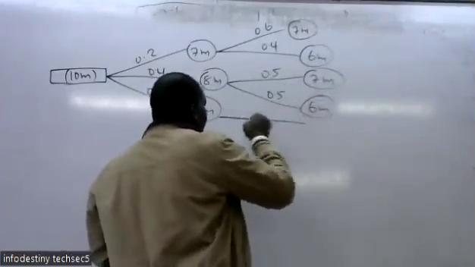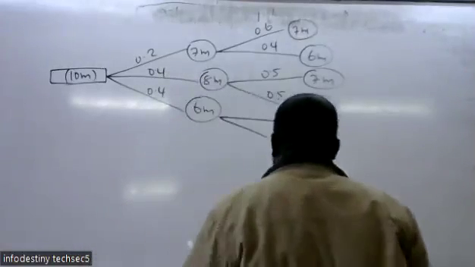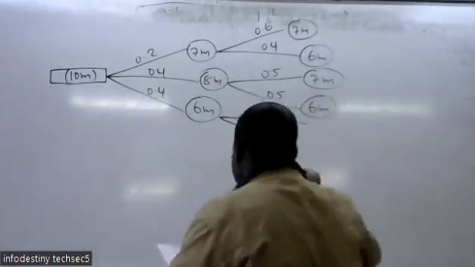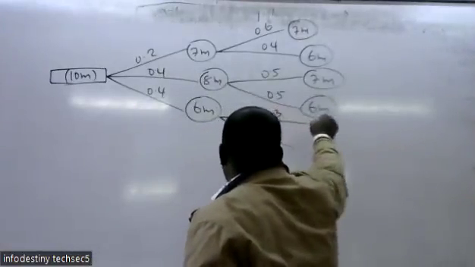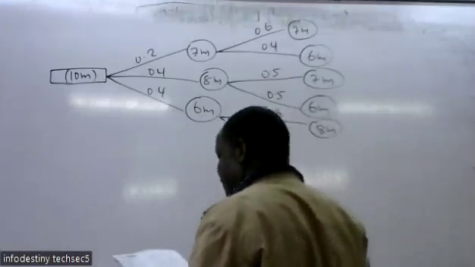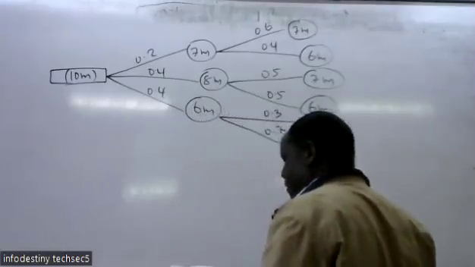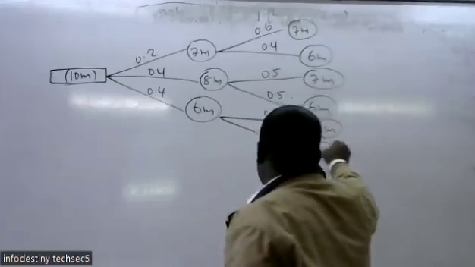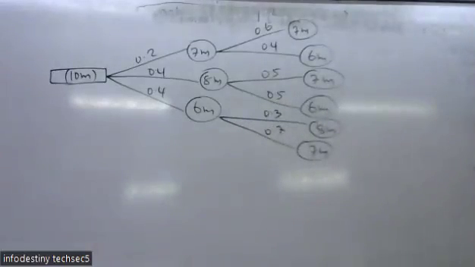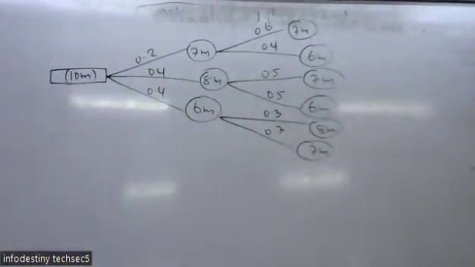Then 0.3 of coming up with 8 millions, also 0.7 of coming up with 7 millions. So that's our structure of the decision tree diagram.